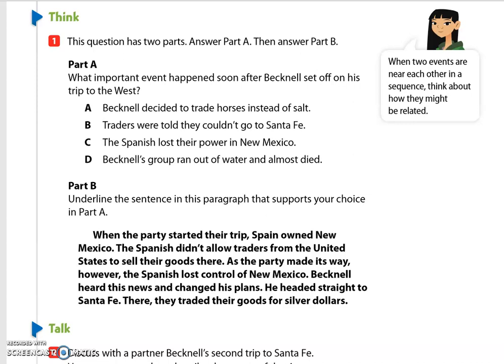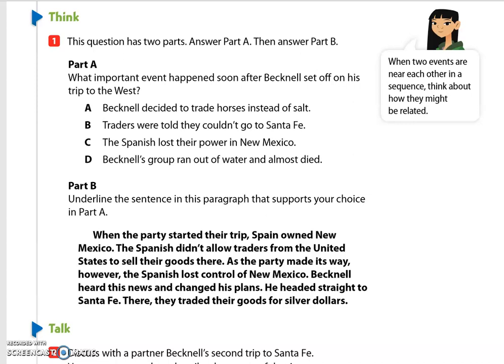What important event happened soon after Becknell set off on his trip to the West? Circle the answer that you think is correct. Part B. Underline the sentence in this paragraph that supports your choice in Part A.